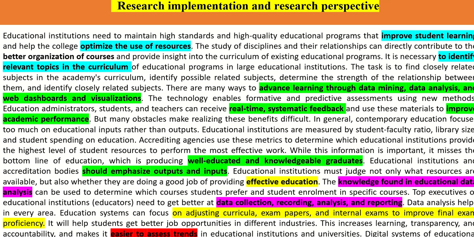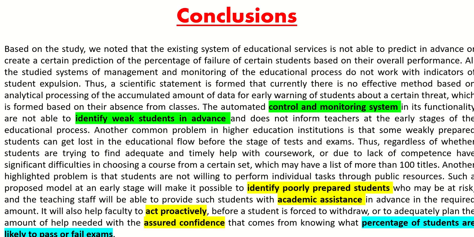And if we find the right correlation between them, then we can improve academic performance, improve effectiveness of education, and all this can be implemented in adjusting curriculum, exam papers, and finally contribute to the general proficiency of learning.